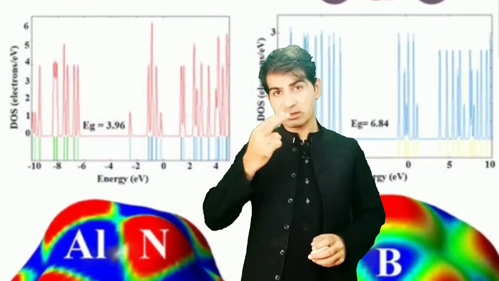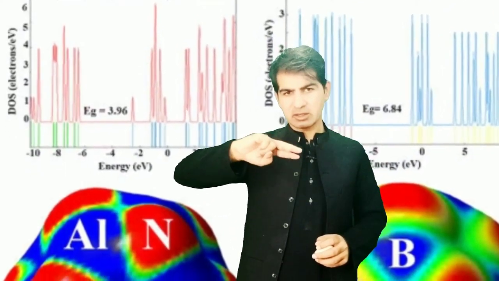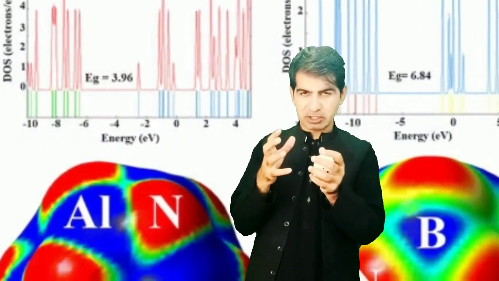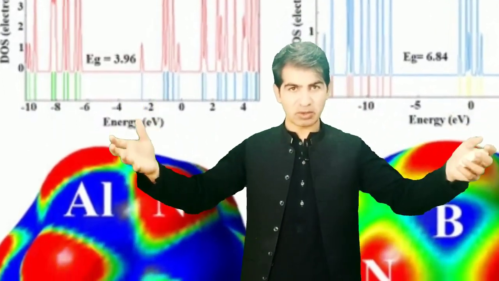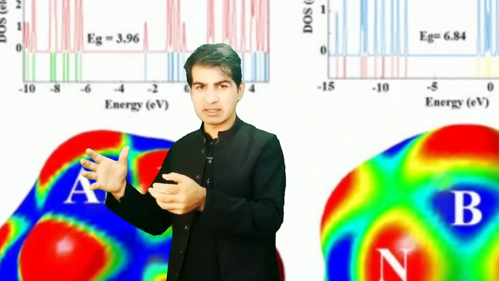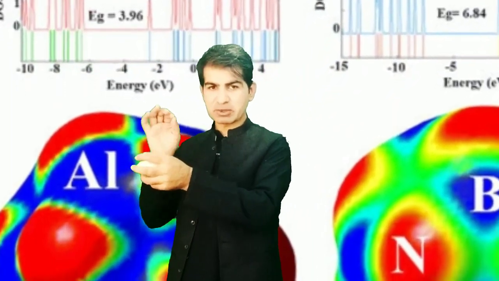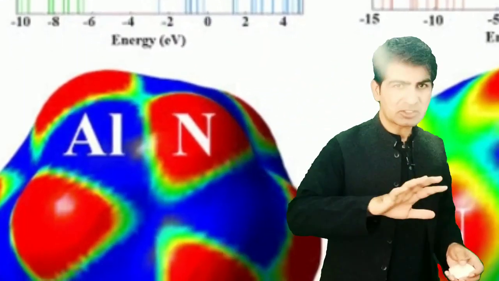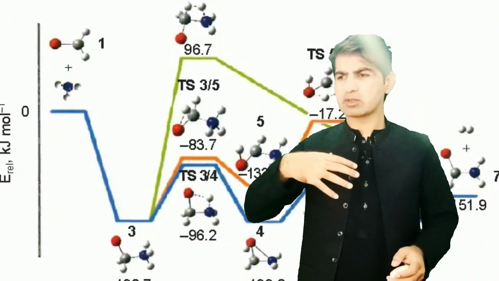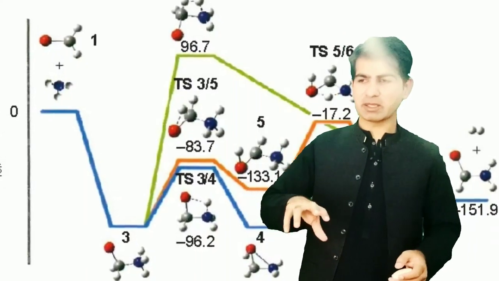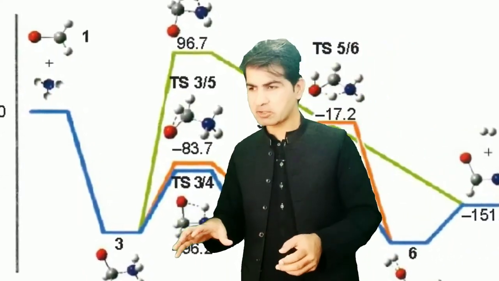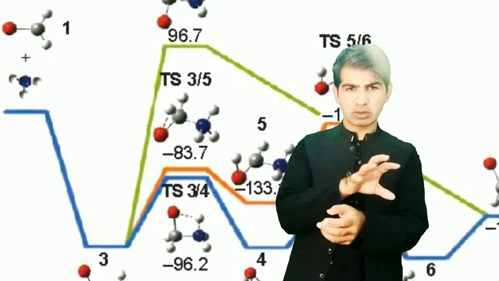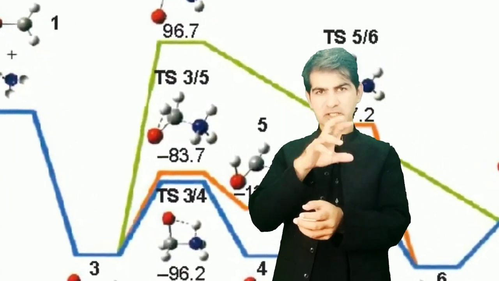So we talked about two things in the second aspect. Number one, there is a molecule which is not already present in the world, in the universe, and the computational chemist predicts the possibility of that compound. Number two, there is no reaction mechanism explained by the experimental chemist, so the computational chemist comes and tells you how the reaction mechanism will be.